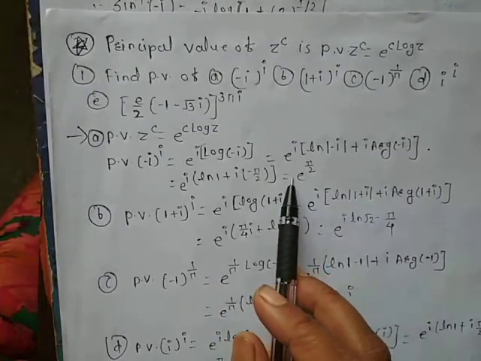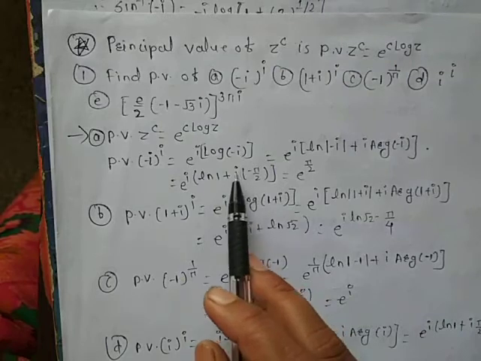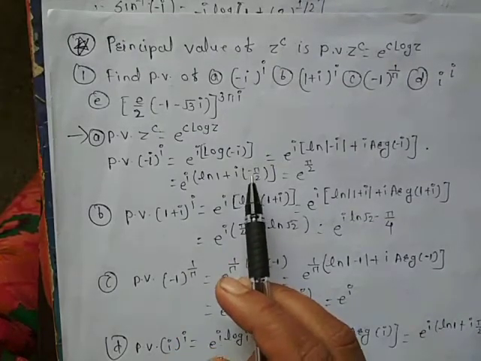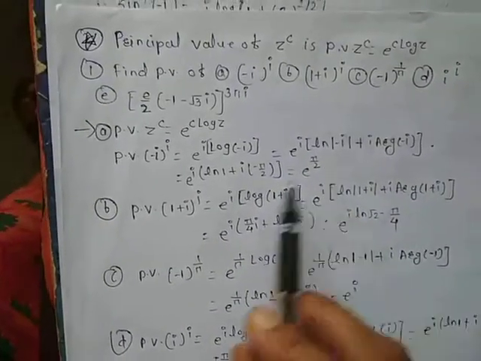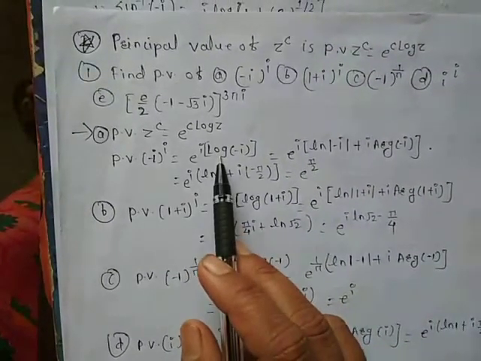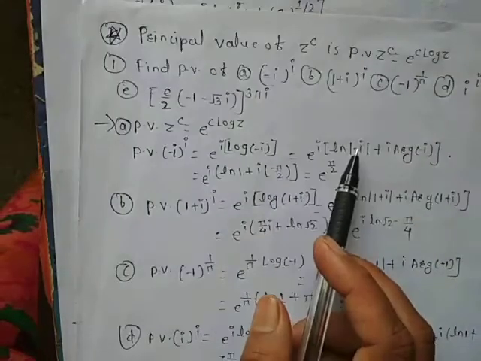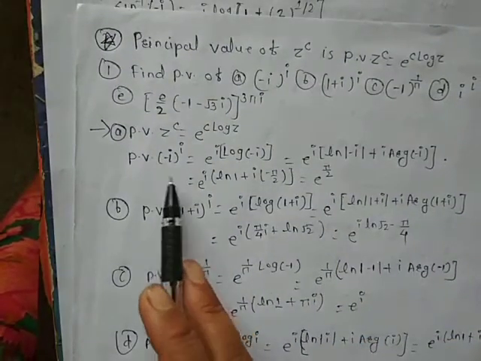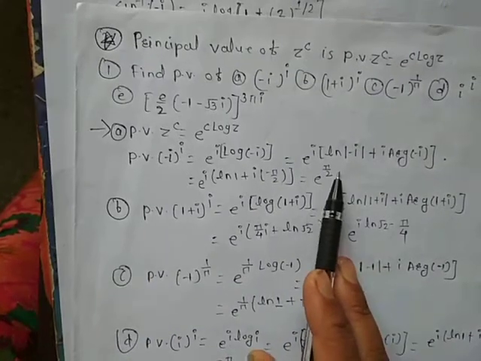This ln 1 is 0 and i into i is minus 1, and minus minus becomes plus, so only e raised to pi by 2 remains. Here we have expressed log z in the form ln r plus i into argument of z. So the principal value of minus i raised to i is e raised to pi by 2.